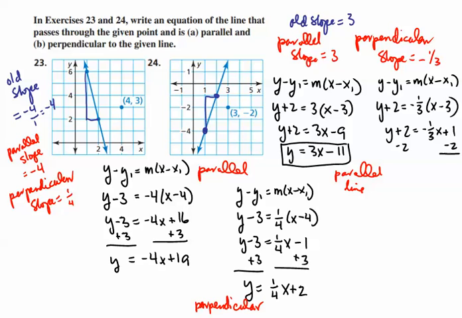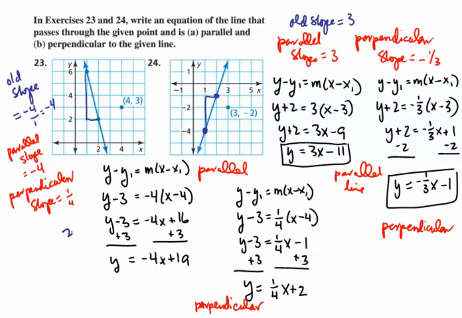Subtract 2 on both sides, and I get y is equal to negative 1/3 x minus 1. And that is my perpendicular line. Alright, so A is the first two, where 23 is over here on the left, 24 is up here on the right. Alright, well, let's go on to the next problem.